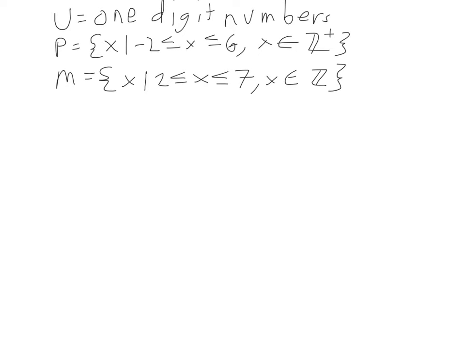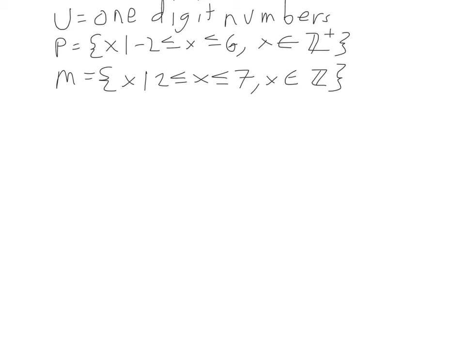We've got our universal set, which you can see right here is all one-digit numbers. So we could write out our universal set as being 0, 1, 2, 3, 4, 5, 6, and so on and so forth. We've got P, which is X such that it goes from -2 to 6, but you can see right here X is an element of the positive integers.